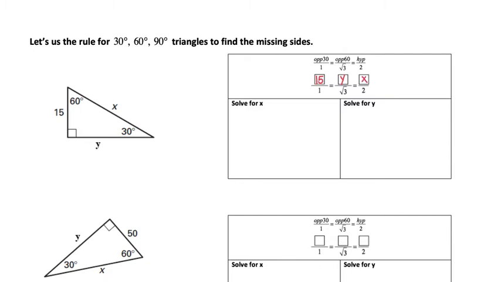Now to solve for x, we're going to take the fraction that has x in it, that's x over 2, and we're going to set it equal to the other fraction that has just numbers in it, 15 over 1. And then we'll solve by cross multiplying. 1 times x is x. 2 times 15 is 30.